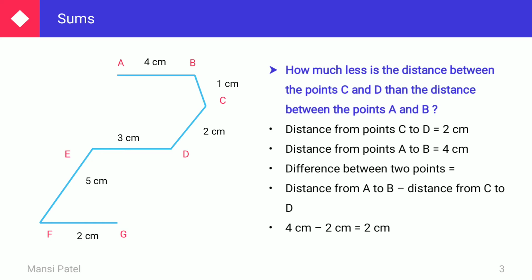So we can say that the distance between points C and D is 2 cm less than the distance between points A and B. If we add this 2 cm to the distance from C to D, then the distance between these two pairs of points becomes equal.